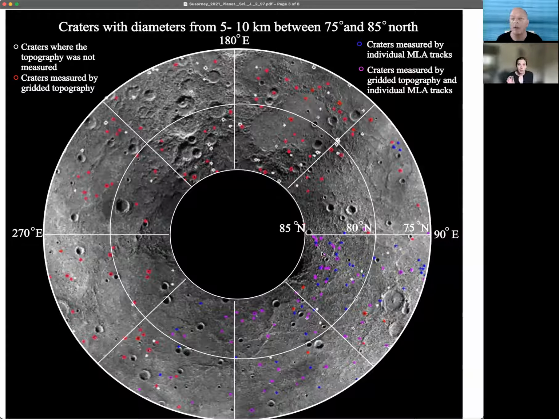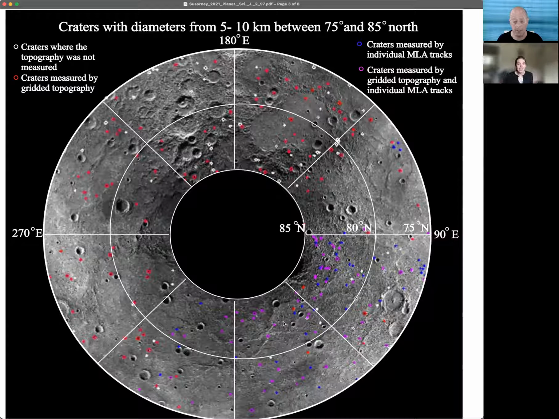The blue craters were measured just by the MLA tracks. But the interesting ones are the pink craters, because they were measured by both the gridded topography and the MLA data. So we could compare these two data sets and see if they differ, and see if we could use both in the same study, because we had more faith in the MLA track data than in the gridded data.